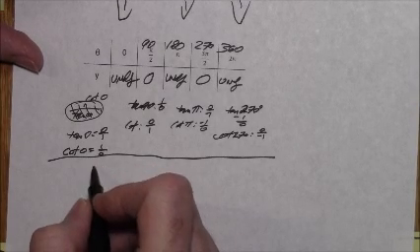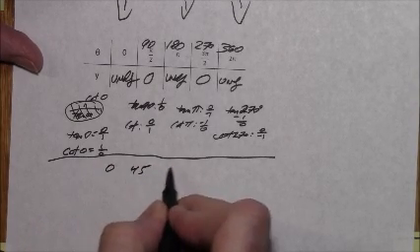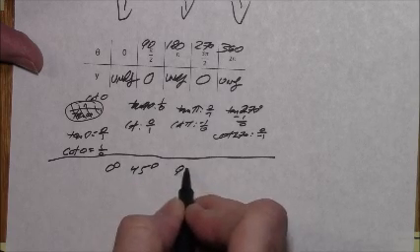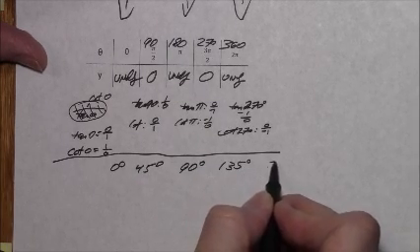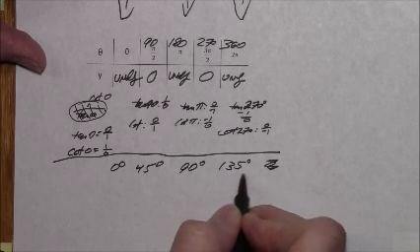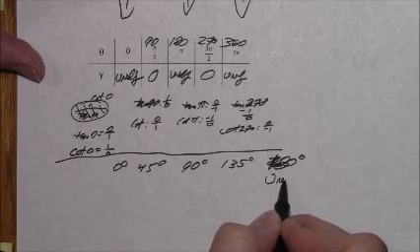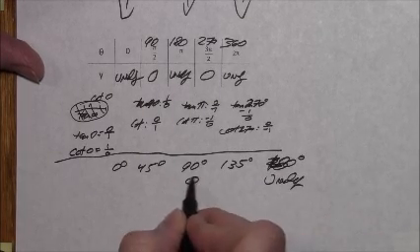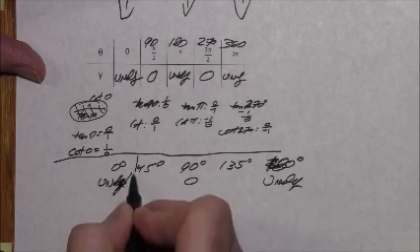Right now, let's do this down here, where what we're going to do is 0 degrees, 45 degrees, 90 degrees, 135 degrees, and we do need to do the 180, because this one we know is undefined, this one we know is 0, and this one we know is undefined.